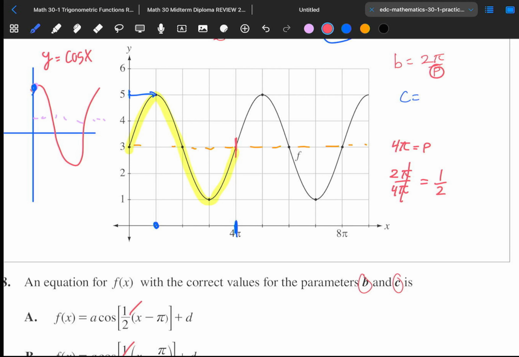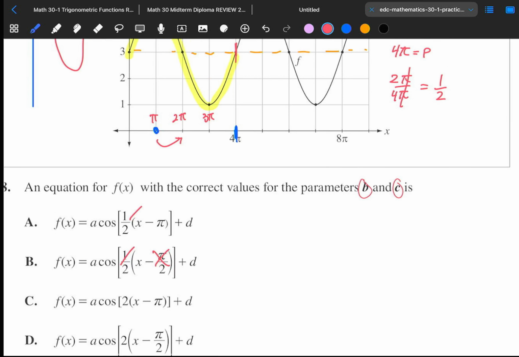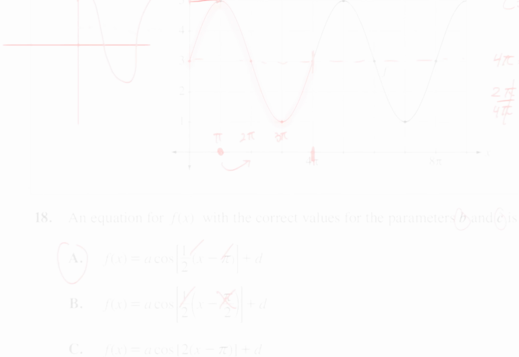In what increments could you increase by 4 times to get to 4 pi? So I could say this is pi, this is 2 pi, this is 3 pi, this is 4 pi. So I think we're increasing by increments of pi. Based off that logic, it's not going to be pi over 2, because that doesn't work in terms of this x scale. So our answer should be A.